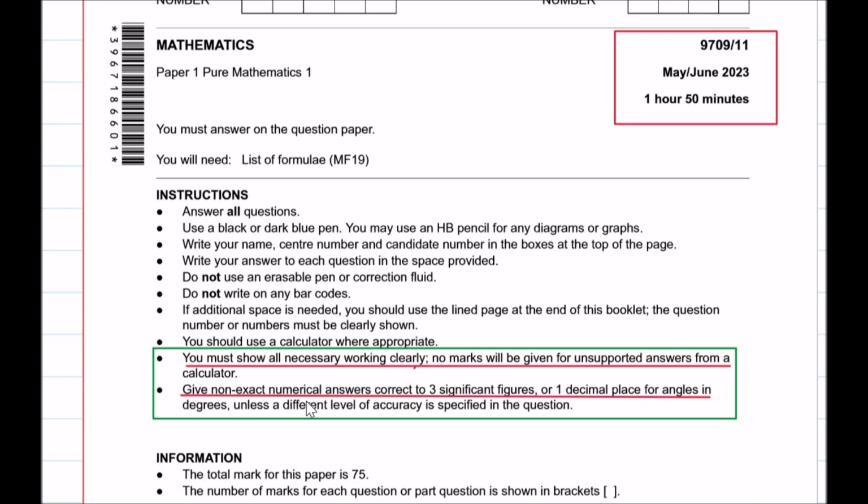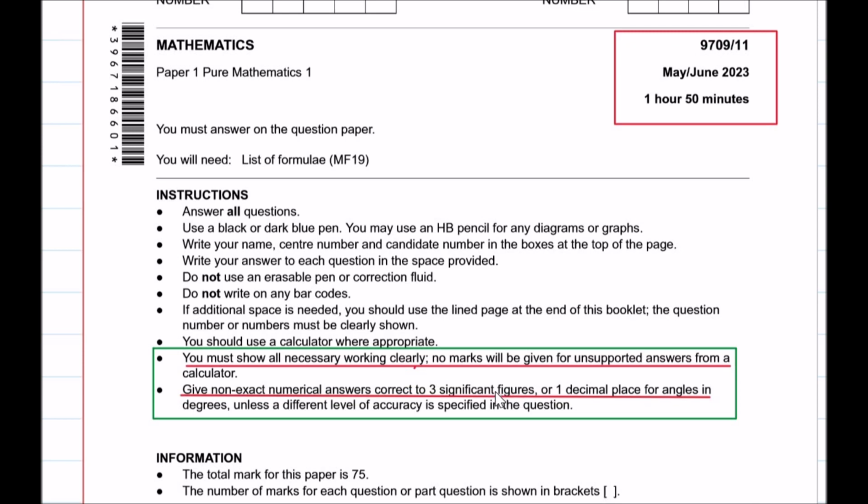The last instruction you can see here is also very important. Give non-exact numerical answers correct to 3 significant figures or 1 decimal place for angles in degrees. And I will add one more thing: if you are calculating angles in radians, that should be written in 3 SF.